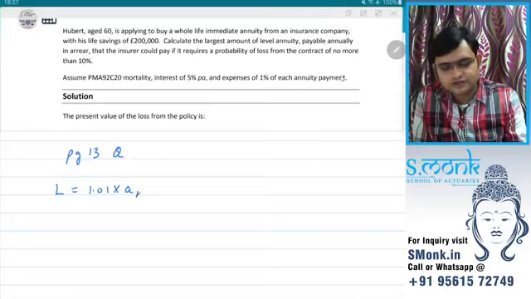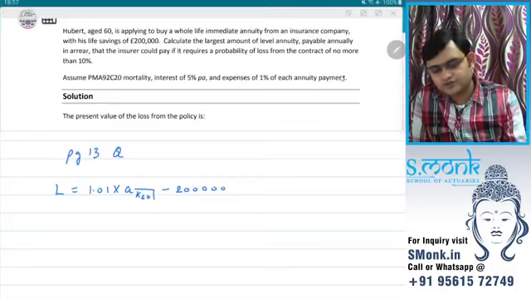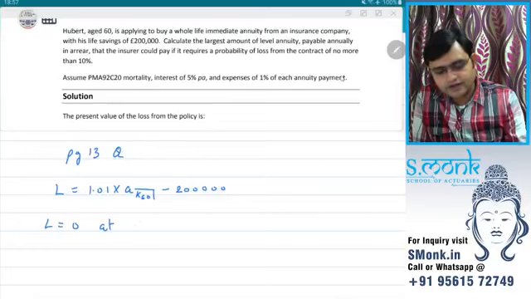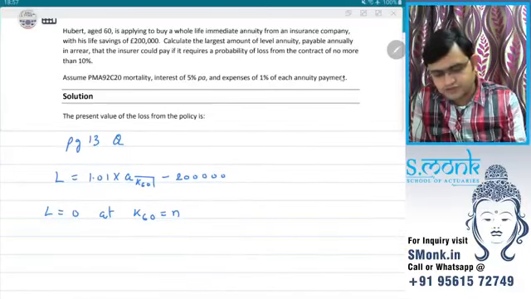So that just becomes K60 minus 200,000. This is our loss. So we'll assume loss is equal to 0 if K60 is equal to n.